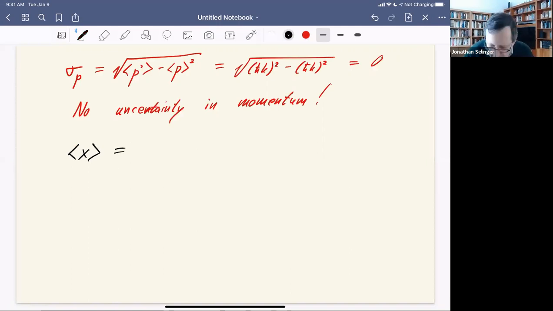this is going to be an integral from minus L over 2 to L over 2 of psi star x psi dx.